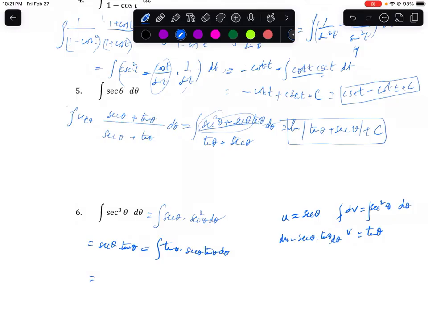So we have secant theta times tangent theta minus the integral of secant theta times tangent square theta d theta.